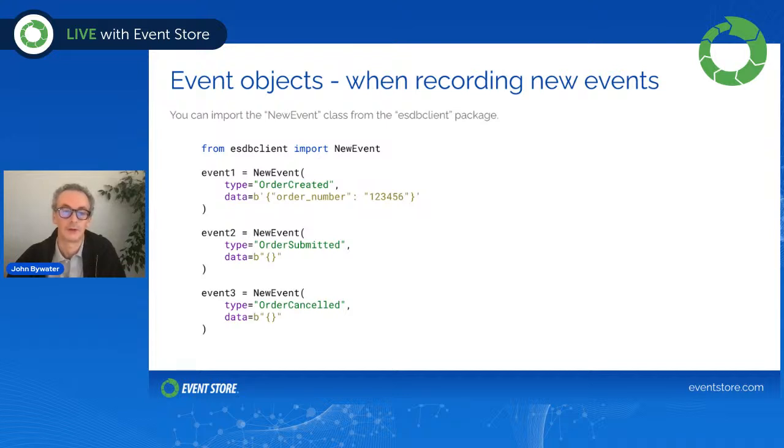The data in the first case is a serialized Python dictionary with a key order number and a value 1, 2, 3, 4, 5, 6. It's just an arbitrary string here, really. There most likely will be other keys and values, and subsequent events will carry their own data too. But for simplicity, it's just been put down like this here.